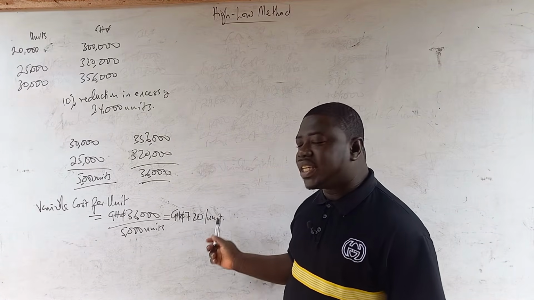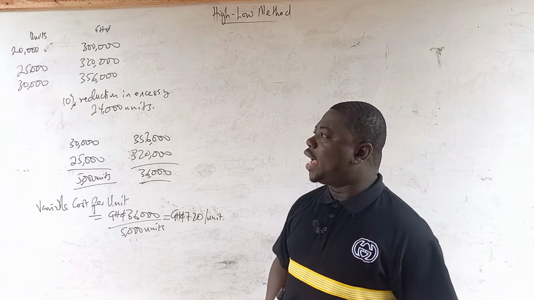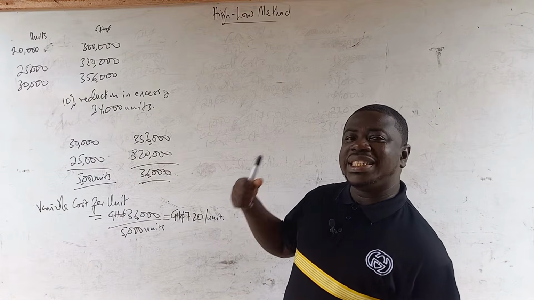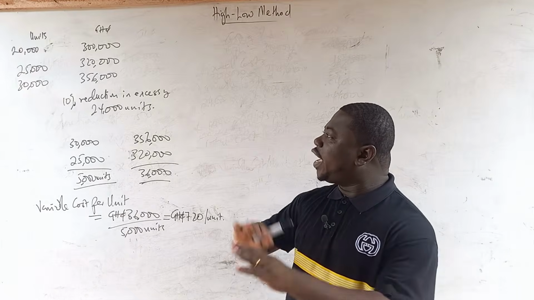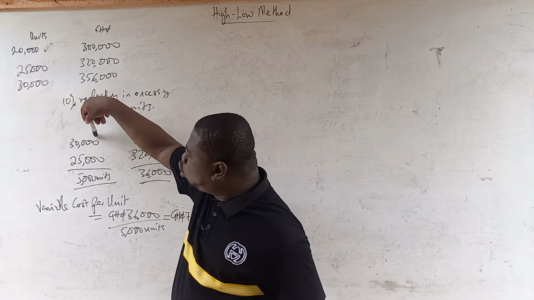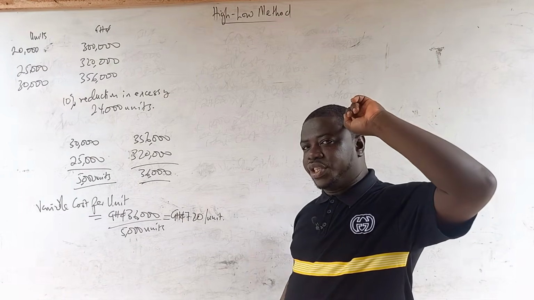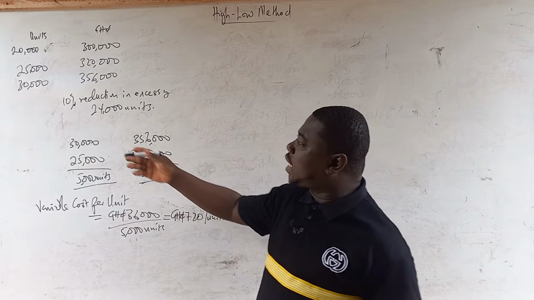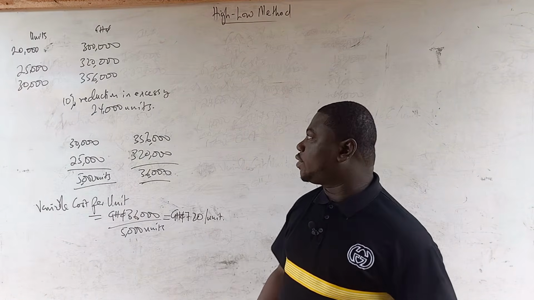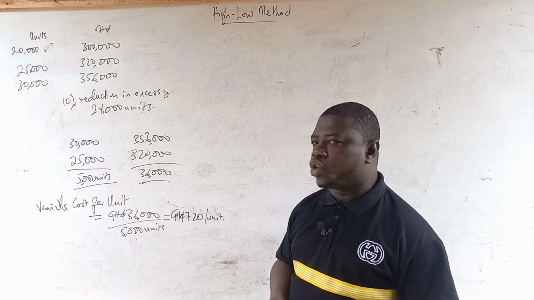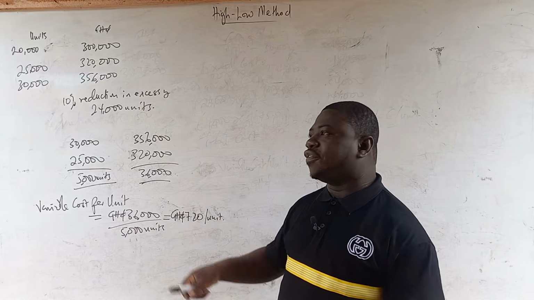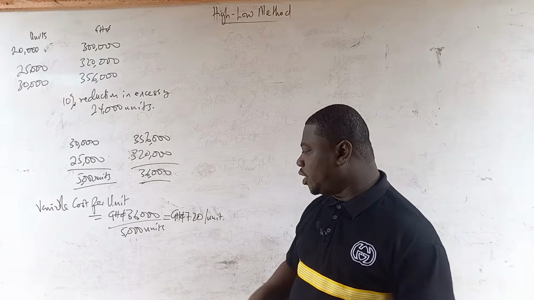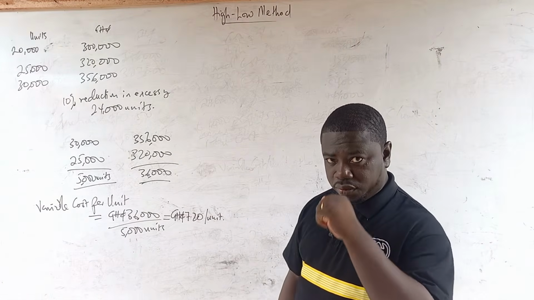Therefore, this represents 90%. And so, in order to estimate total cost of any activity level below 24,000, we need to get the original, which is the 100% of it. Now, if you wanted to estimate any cost that is above the 24,000, there is no need to look for the original variable cost per unit. You could have just used the 7 cedis 20 pesos to estimate.